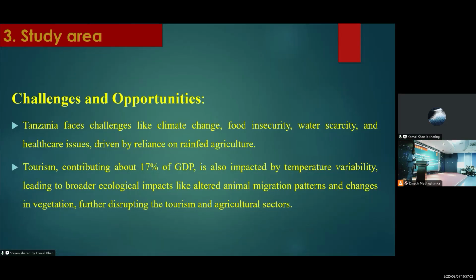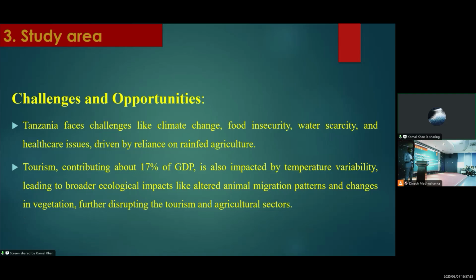Our study area, challenges and opportunity. Tanzania faces challenges like climate change, food insecurity, water scarcity and health issues, driven by reliance on rain-fed agriculture. Tourism also is facing challenges due to climate change, and Tanzania depends on tourism for about 17% of its GDP.